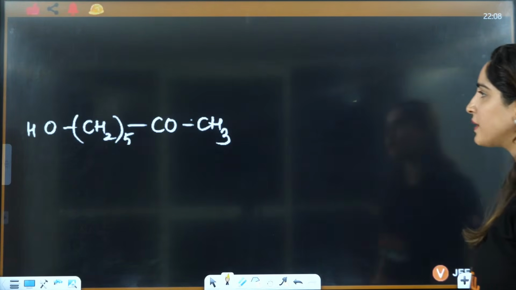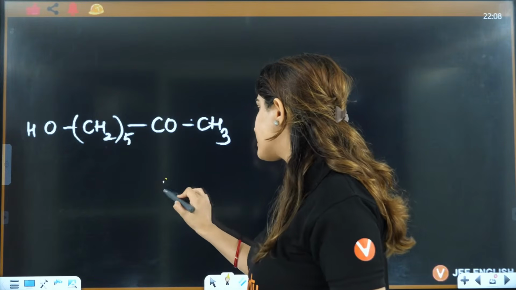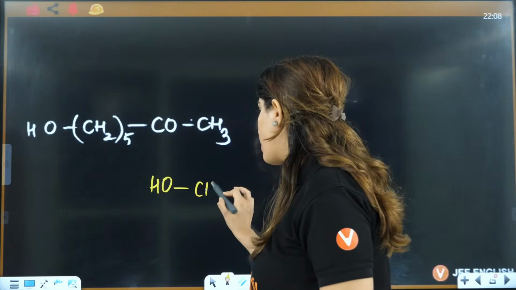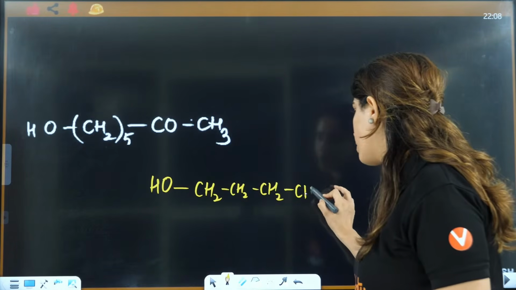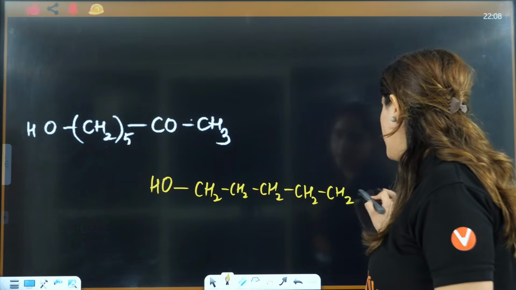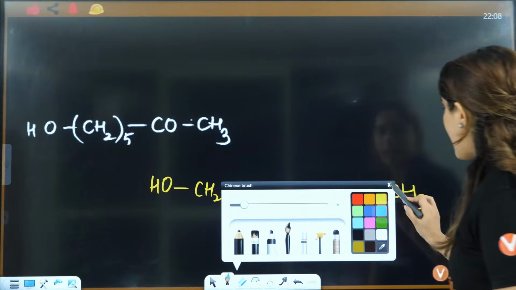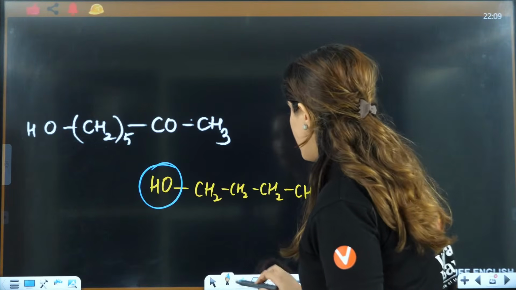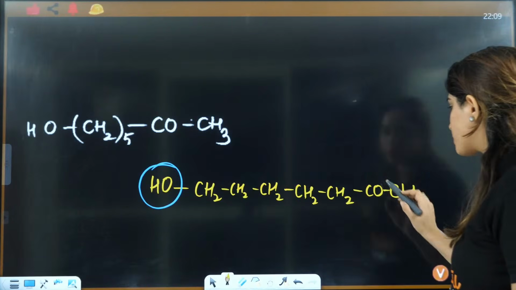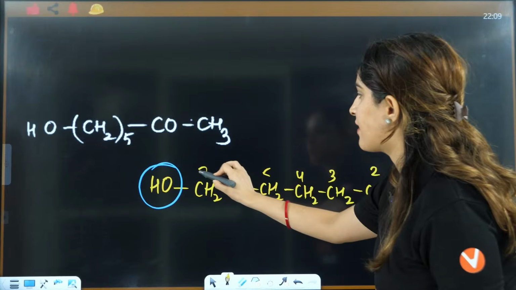Next one, I'll just write it, 1, 2, 3, 4, 5, and then you will have CO, then you have CH3. So here OH will be the substituent. So it is going to be 1, 2, 3, 4, 5, 6, 7.